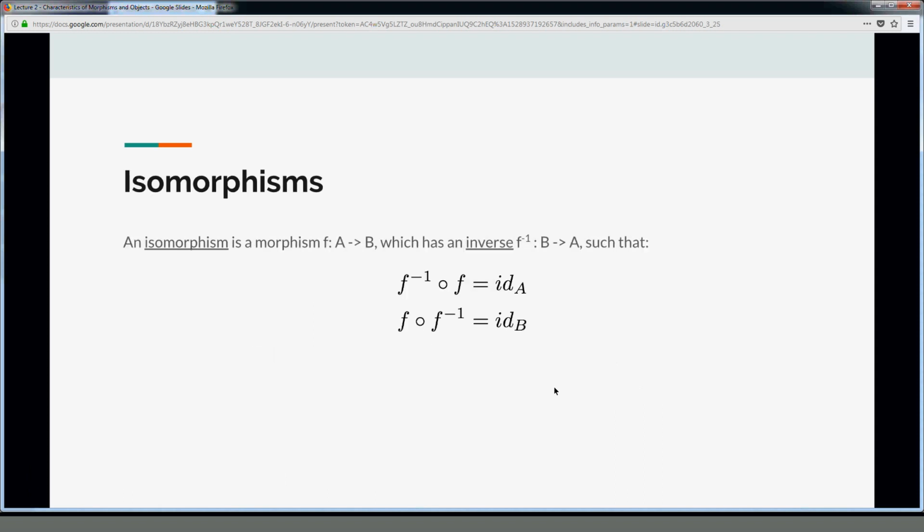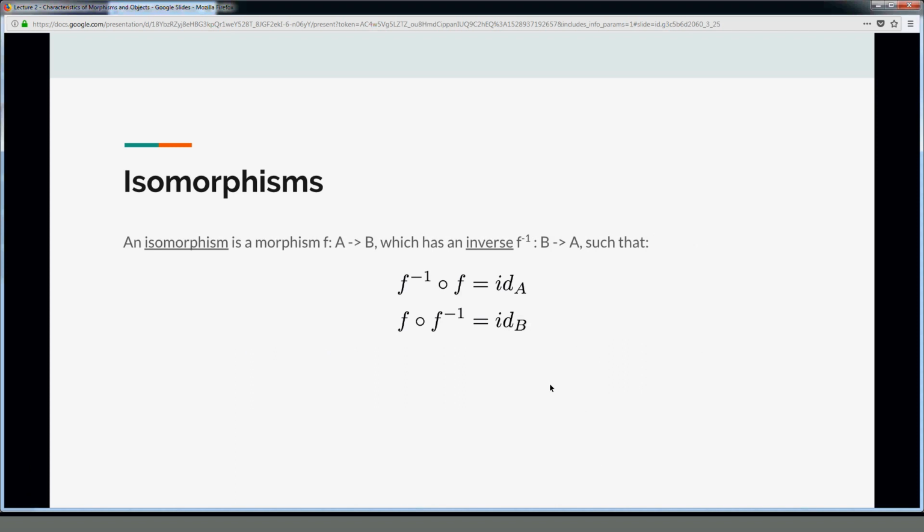And there's one final generalization we're going to talk about, an isomorphism. Now, in Set, the isomorphisms are the bijective functions. In Set, it turns out that if a function is both injective and surjective, it's a bijection.